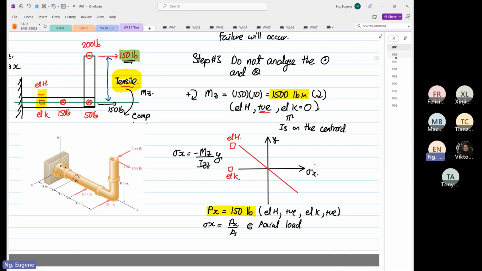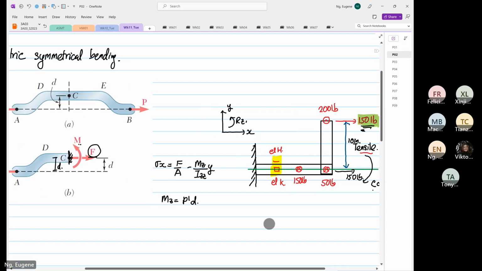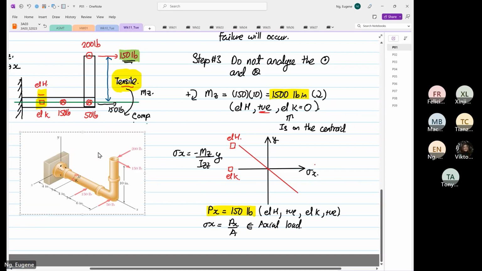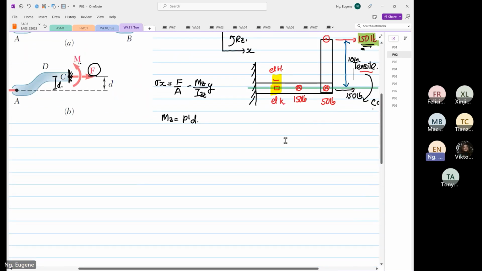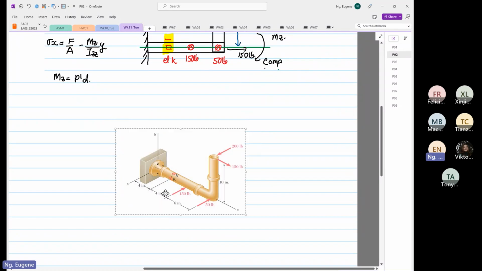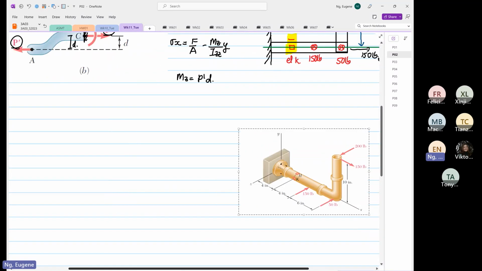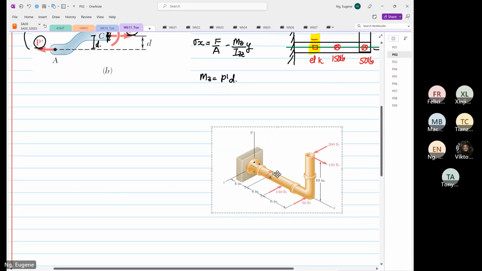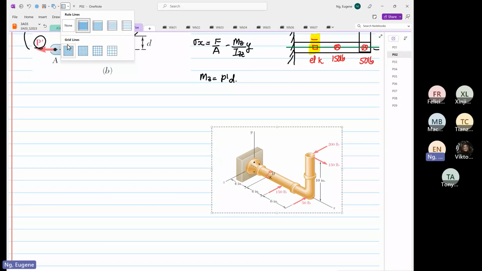Next, I'm going to again copy that small figure. There's nothing else to analyze. Next, I'm going to pick a different point of viewing the structure. The next point we are going to look at is the exact plane. So I'm going to change this over here.